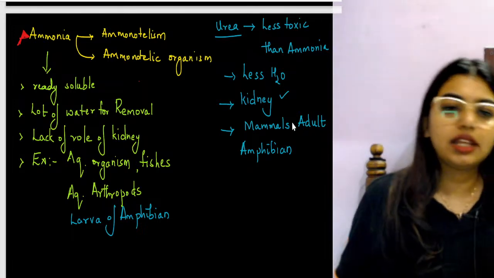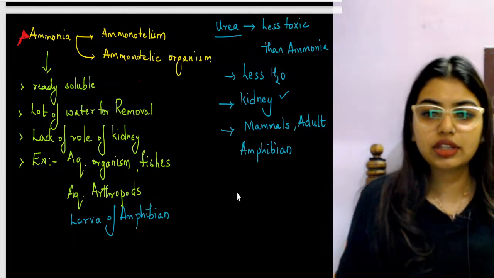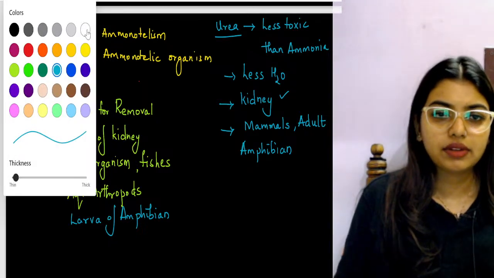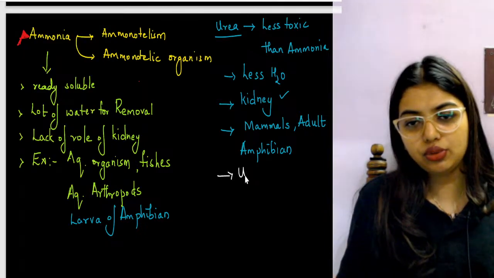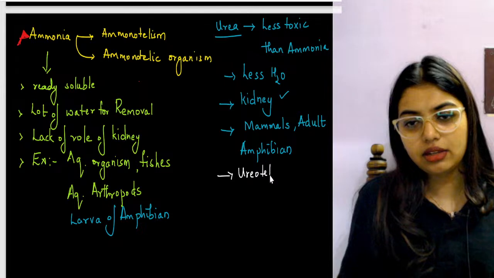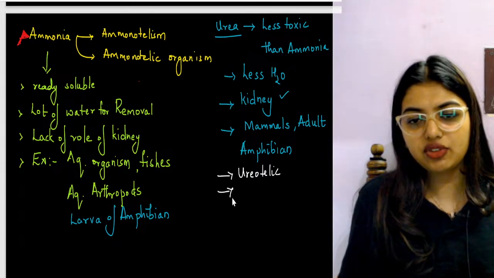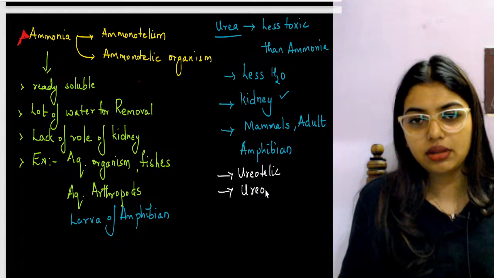Then you have uricotelic, and these organisms are called ureotelic. Many students confuse the spelling of uric acid and urea.